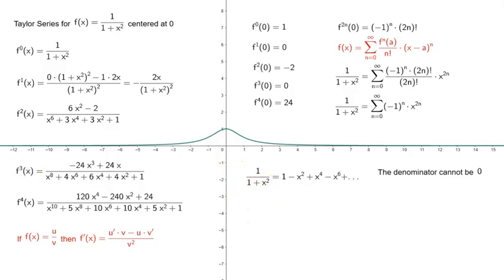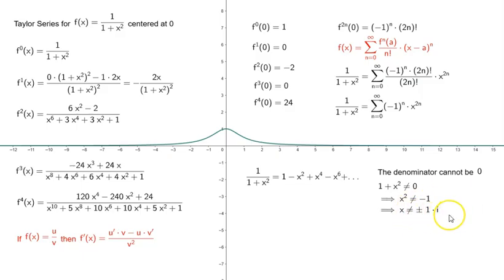When we say the denominator cannot be 0, it means 1 plus x square is not equal to 0, which implies x square is not equal to minus 1, which implies x is not equal to plus or minus 1i. So there is a singularity in the complex plane, even though on the real plane, on the xy plane, there may not be any singularities, but in the complex plane, there is.